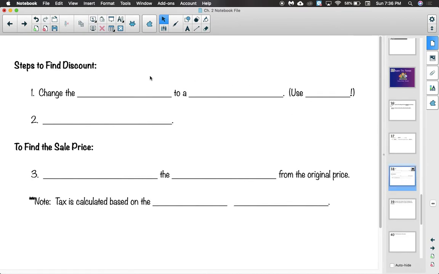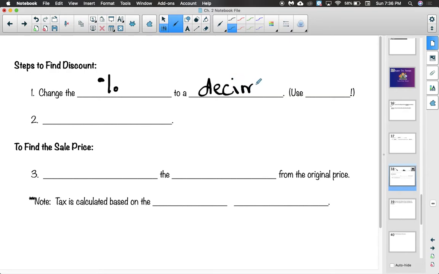Last are our steps. First, we need to change the percent into decimal form. You know that we use D2P to do that. So don't forget D2P, very important this chapter. After that, we multiply.